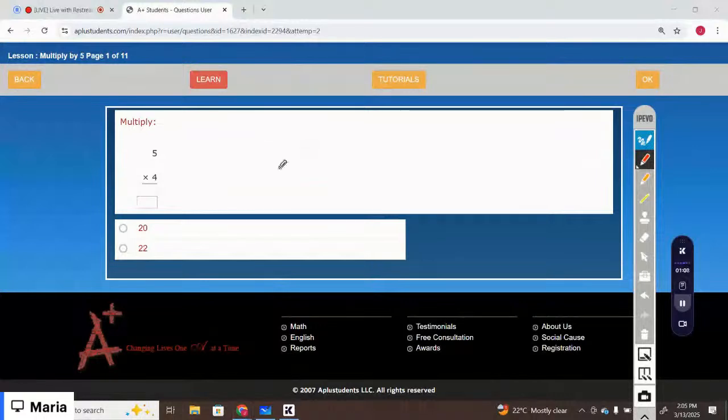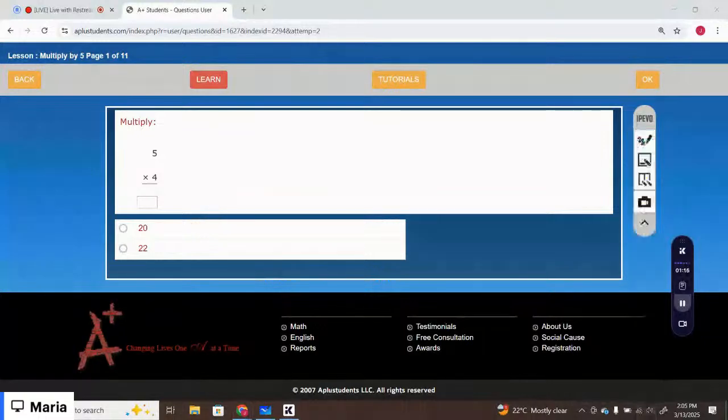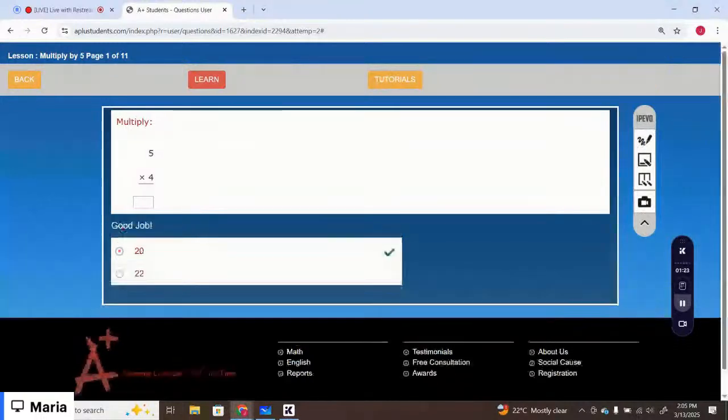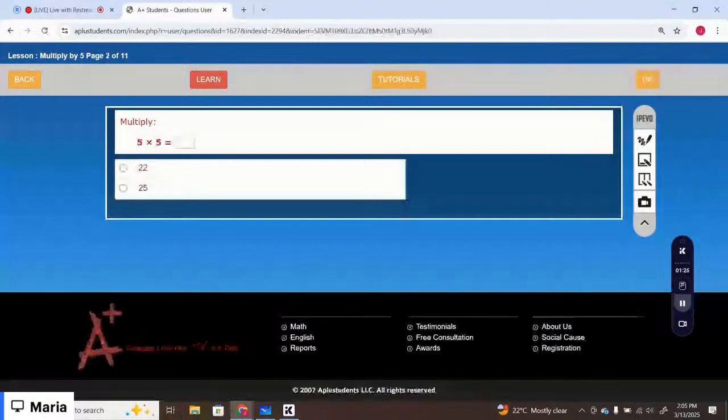5 times 4. You can add 5 four times. That is 20. Option number 1 is the correct option. 5 times 4 is 20. Five times 5, you can add 5 five times, or you need to count the table of 5 until 5.